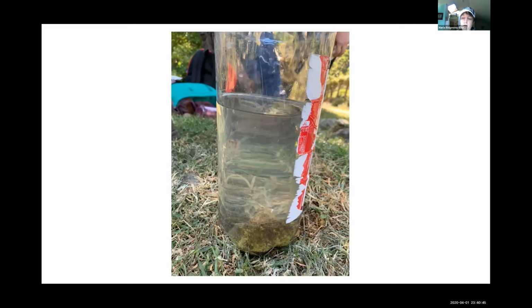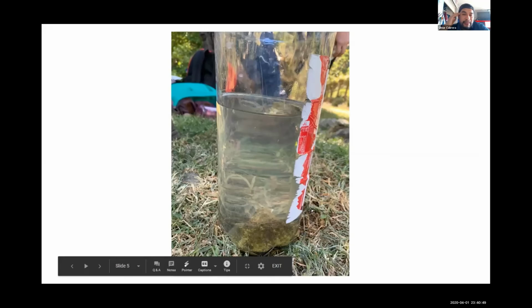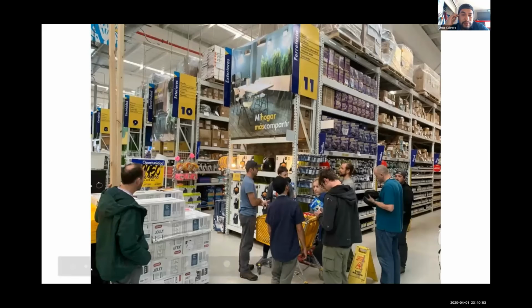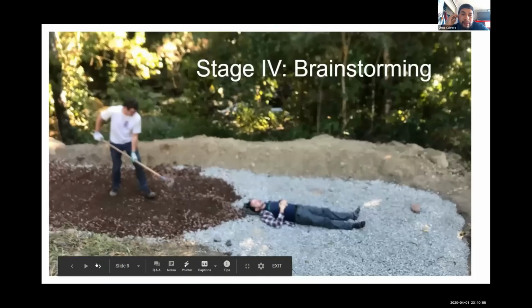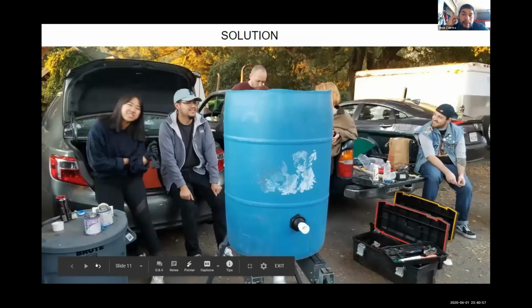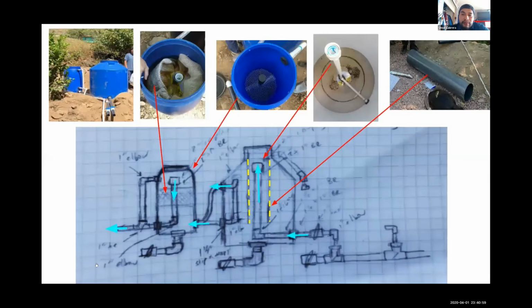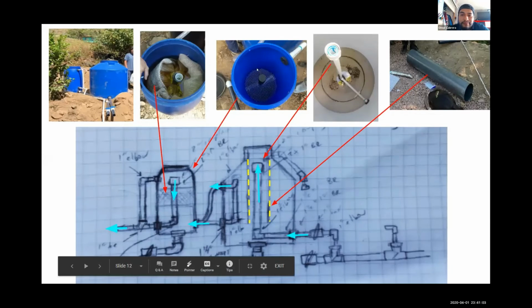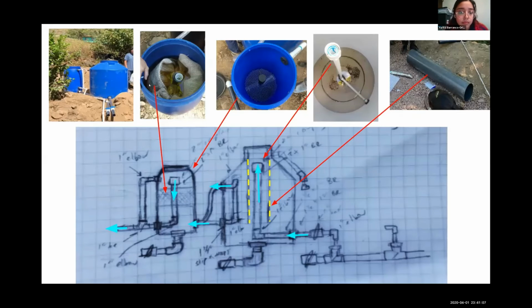If you go to the slides at the end, I think there's one where you can actually see some of the fish poop starting to settle at the bottom. Right there, on the second picture, with the burlap sack? No, the one where you were at.